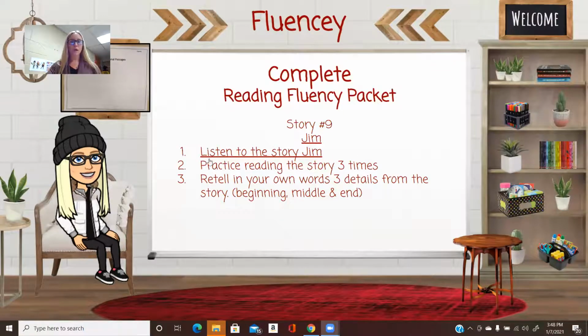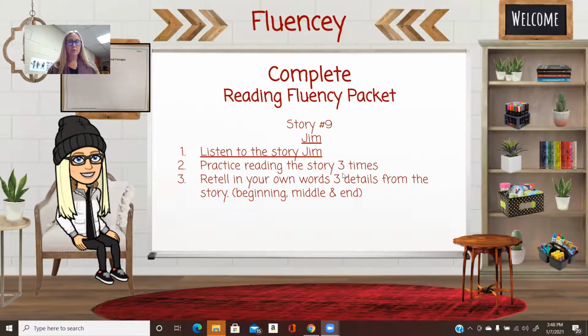The steps are: 1, listen to the story. I have recorded the fluency passage for you. Please listen to it first. Then you're going to practice reading it 3 times. Then you're going to practice retelling the story, 3 details, 1 from the beginning, the middle, and the end.